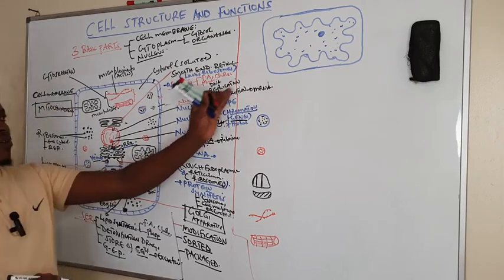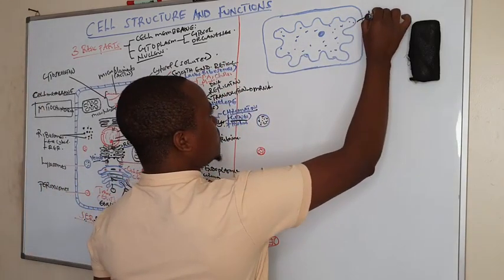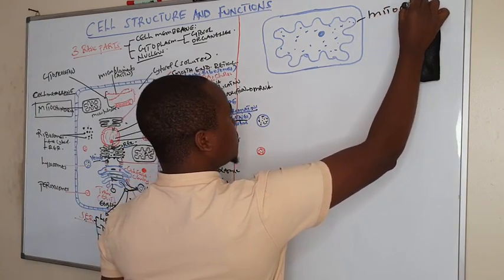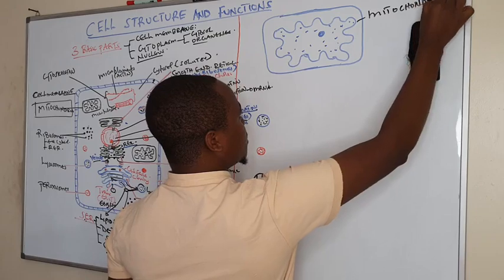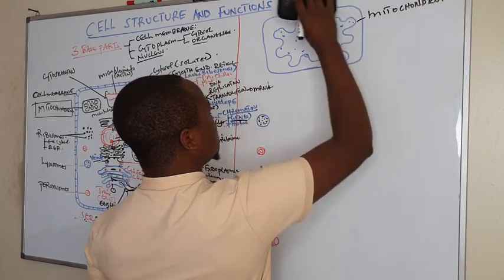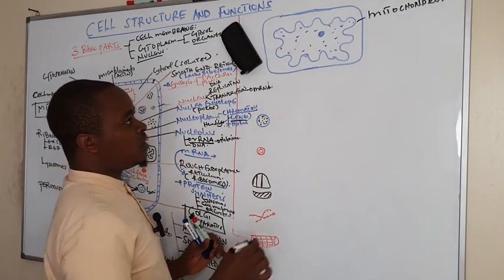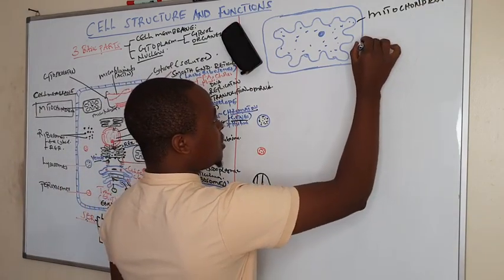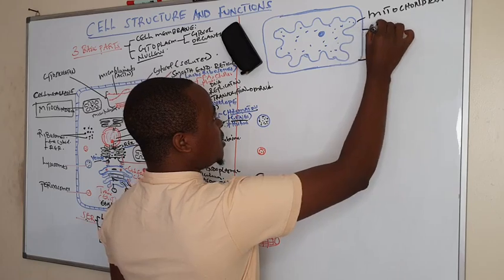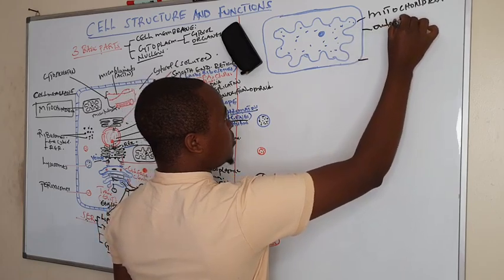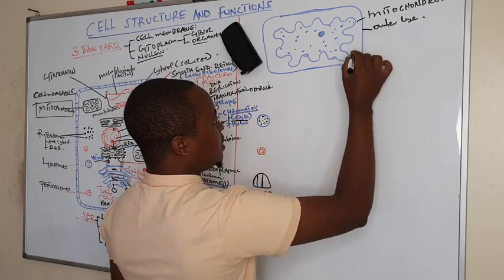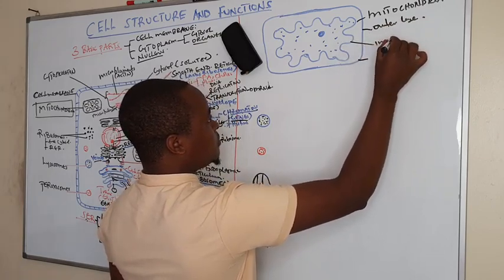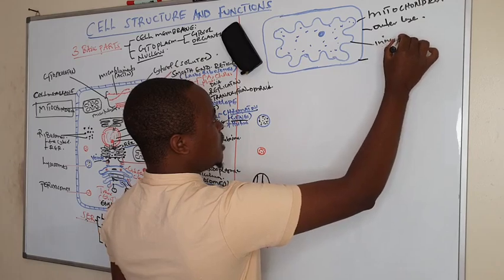And the mitochondria, we have zoomed it here. This is the mitochondria. If it is one, you call it the mitochondrion. And this mitochondria is made up of the outer membrane, and it also has the inner membrane.